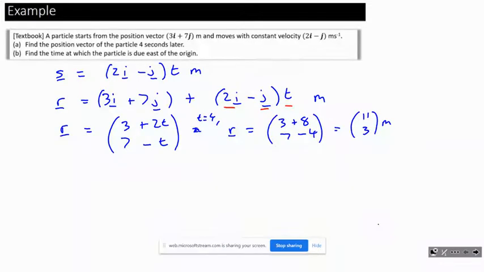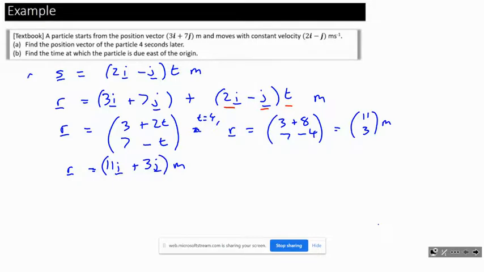So to put that back into its original format, our position vector after 4 seconds is going to be 11i plus 3j meters. Then we want to find the time at which the particle is due east of the origin.